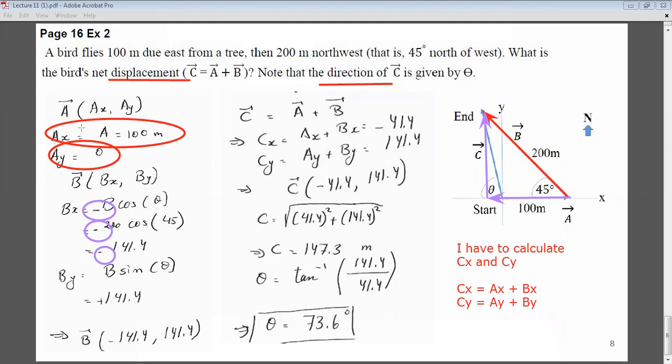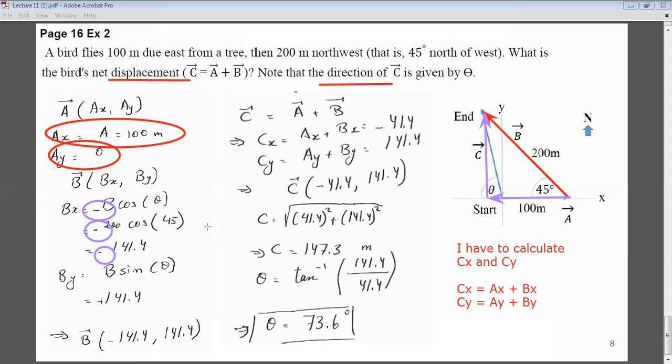Now I have Ax, Ay, Bx, By. So what is Cx? It's Ax plus Bx. I just add 100 minus 141.4. I get minus 41.4. Cy is Ay plus By, so it is 0 plus 141.4, so it's 141.4.